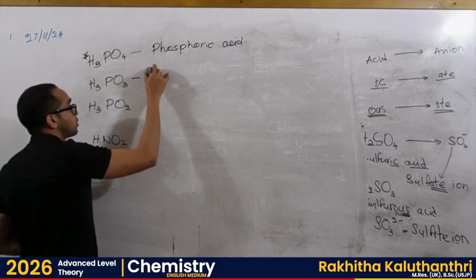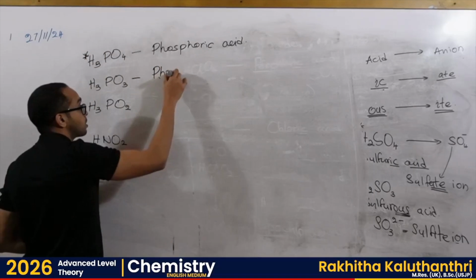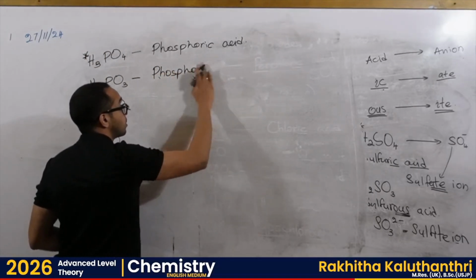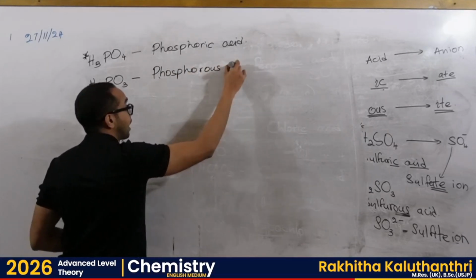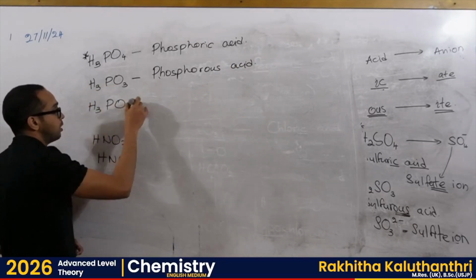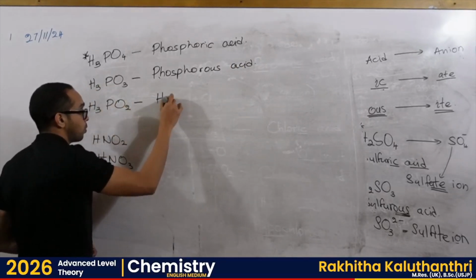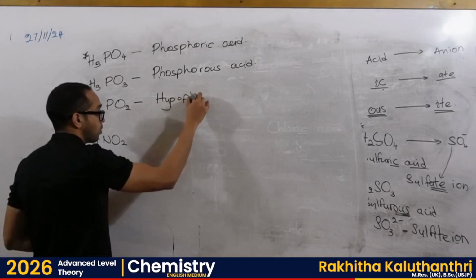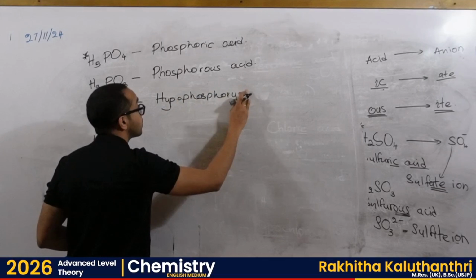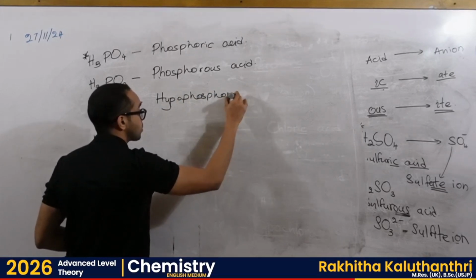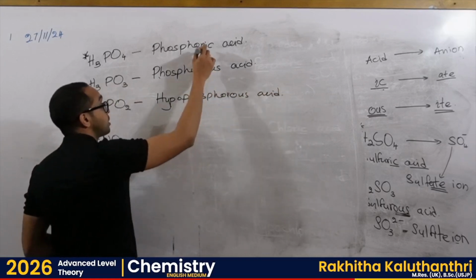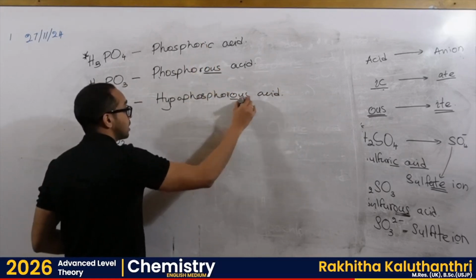So one less oxygen here, so this becomes phosphorous acid, and there's one less oxygen from there onwards as well, so this becomes hypophosphorous acid. Here when you're writing phosphorous, be careful not to use US, it is OUS.